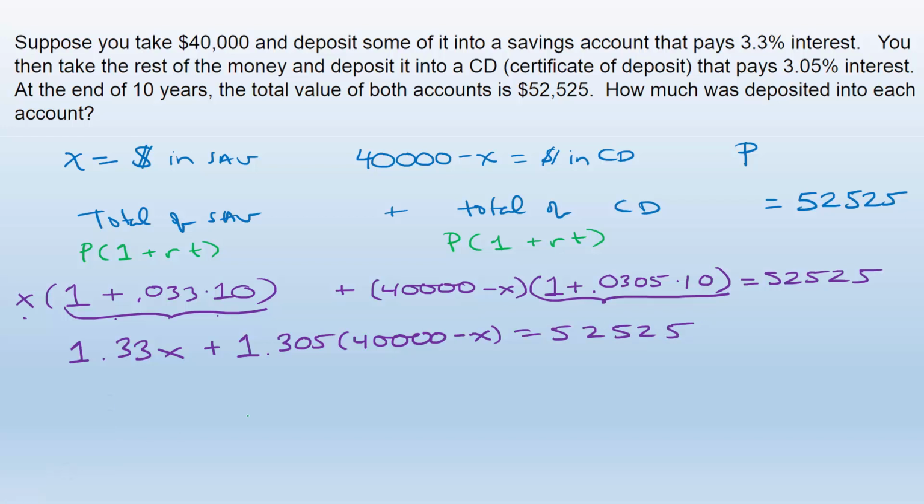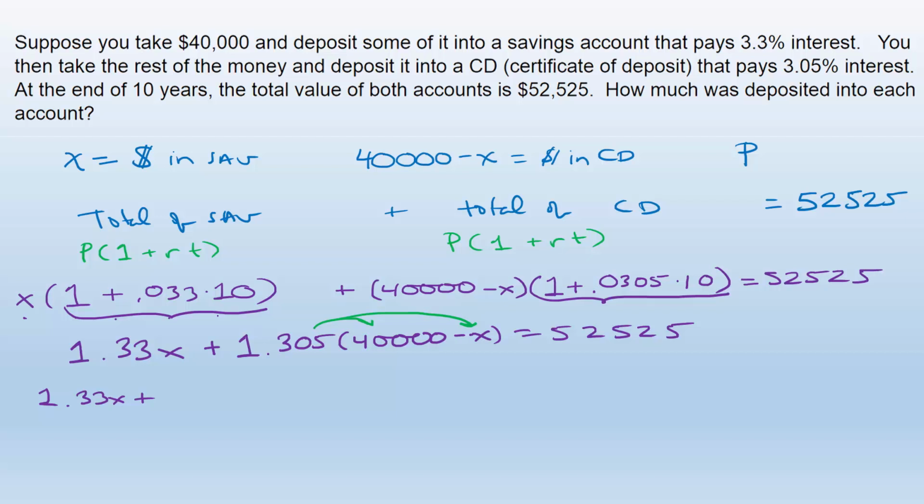Okay. So since we have one term, the 1.305, times two terms, 40,000 minus x, I have to distribute. So the 1.33x copies down.